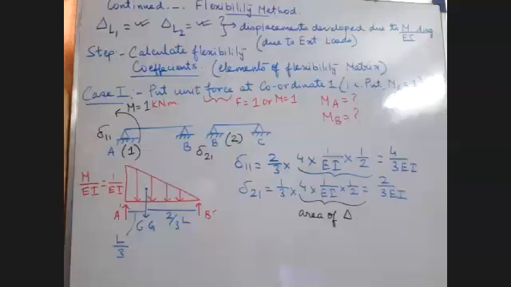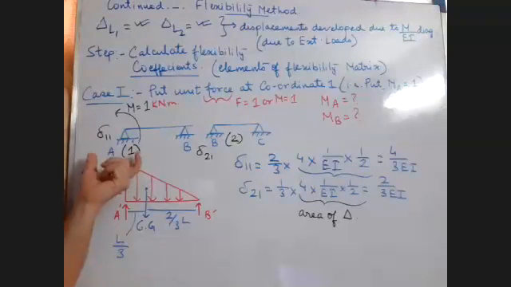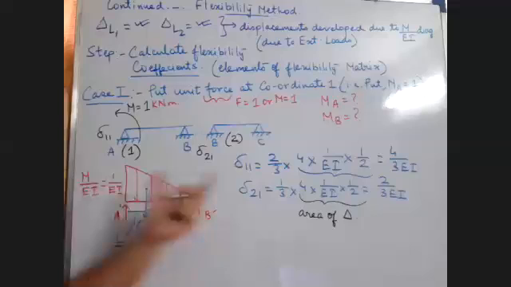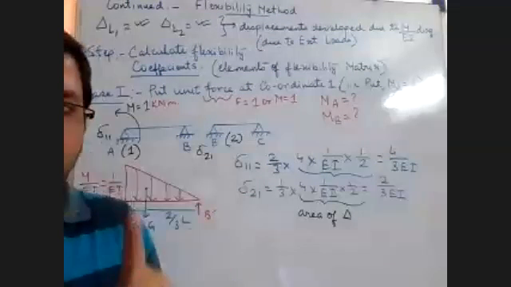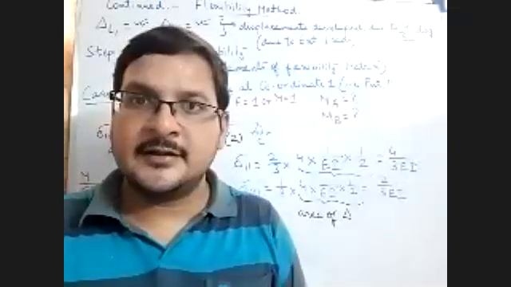I have put the unit bending moment. So with respect to this, what is the outer effect? In the flexibility matrix, we have to put the values of the elements.